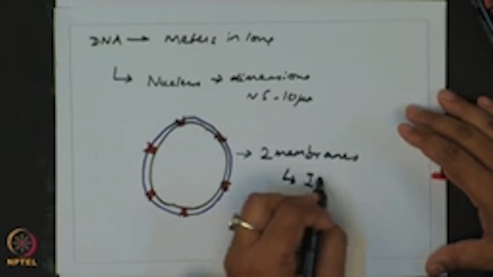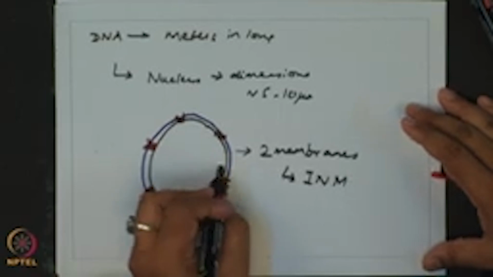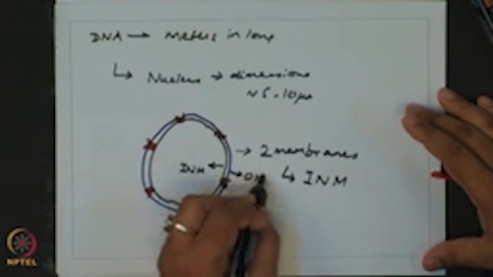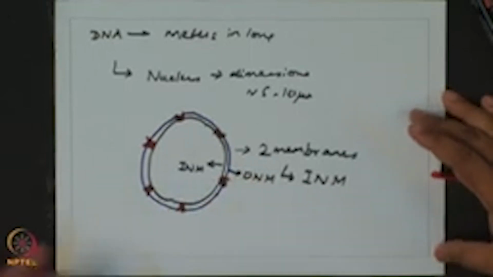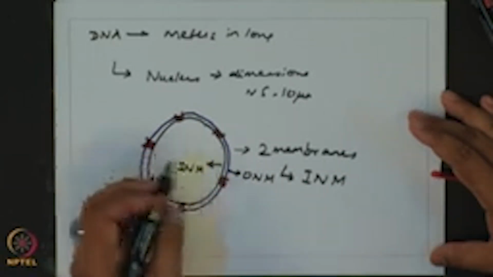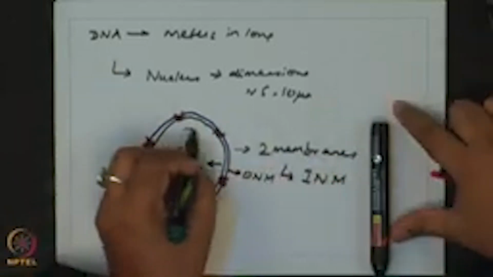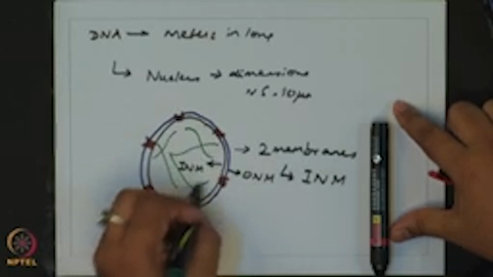The inner nuclear membrane or INM, so this is your INM, and this is your ONM or outer nuclear membrane. And within this you have the entire DNA, which is present as chromosomes.